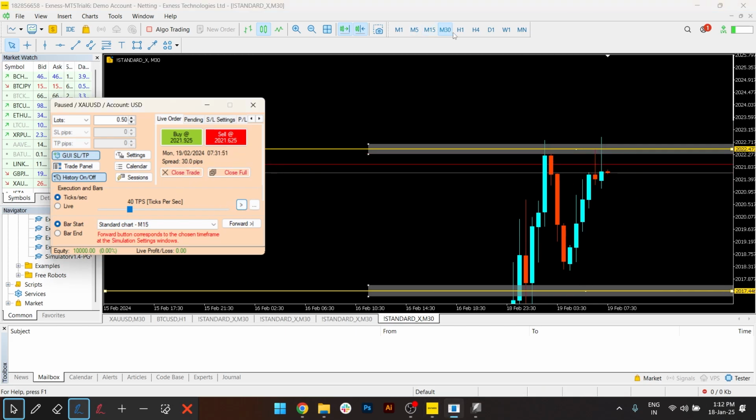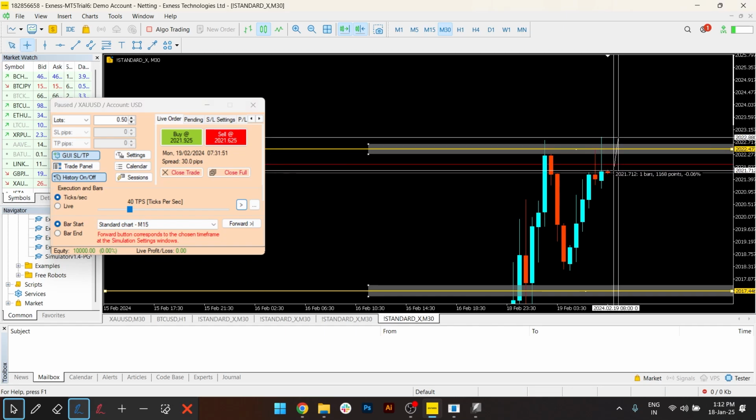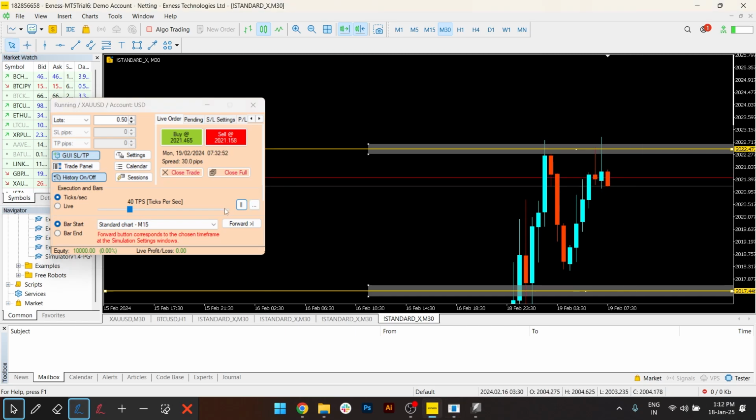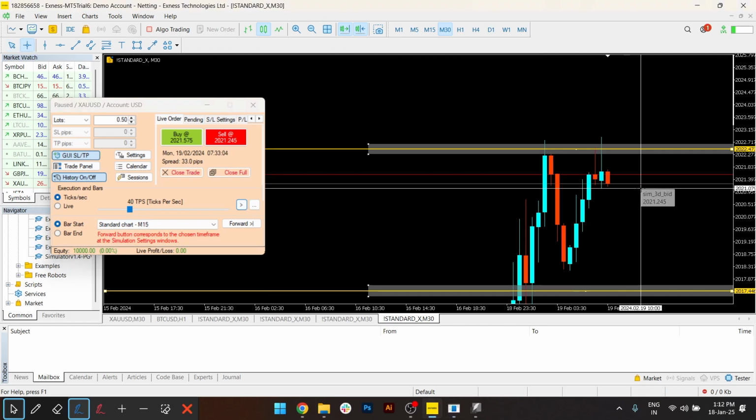Now the 30-minute candle closed, but we closed below this resistance area. We did not break and close above it, so there is still no trade.